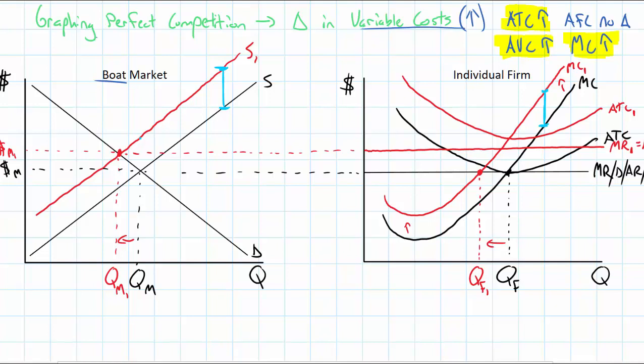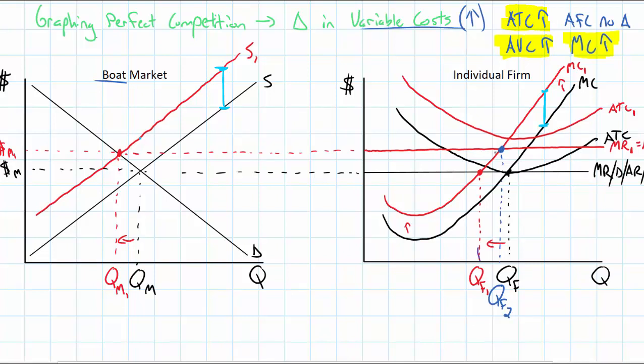And so what I'm left with, and I know this graph is getting busy now, is a short run loss. Before I go too far, I want to highlight one additional thing. With this new price, I've got a new price and now a new quantity. So this is currently, I'll say, QF2. This is my new profit maximizing quantity.